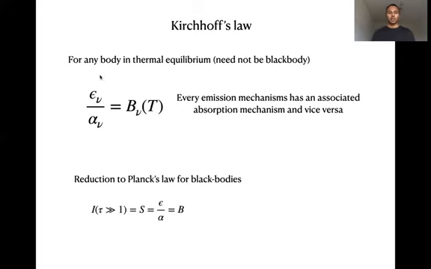If there is some emission process, and you go through the microphysics of it and calculate the emissivity, this law is telling you that you need to also have an absorption by the same process. So if an electron is emitting photons by some process, by the same process, it should also be absorbing the photons. And so you can't have just emission in a medium.